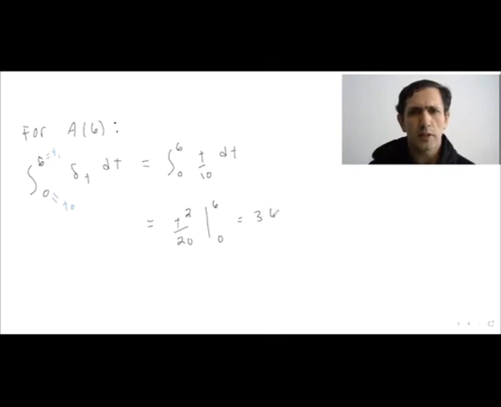And so that's 36 minus 0 over 20, or 6 squared minus 0 squared over 20. So it's 36 over 20.